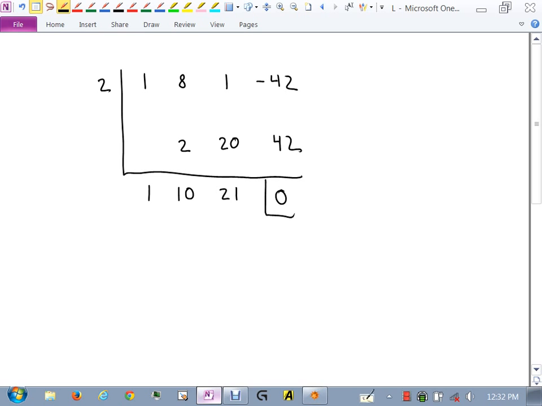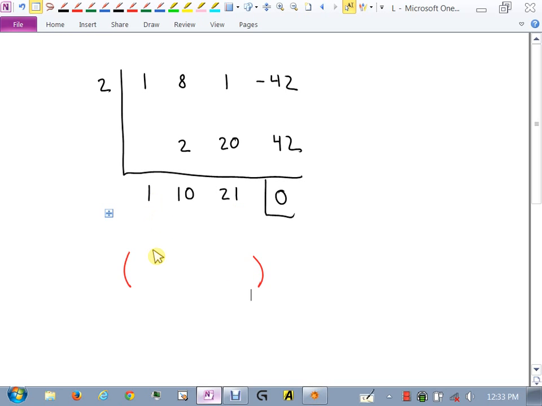Right? We won. Now, the important part of this now is how do we interpret this table to create our factored form? So let's try and see if you can recall what I just talked about a minute ago. What do these 3 numbers represent? The coefficients of our answer, which would be what power on x? 1.